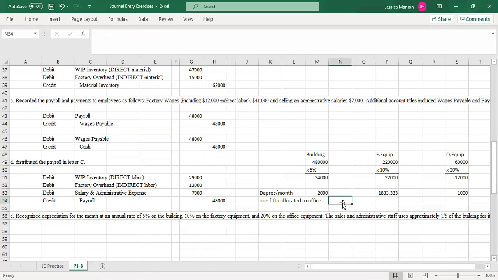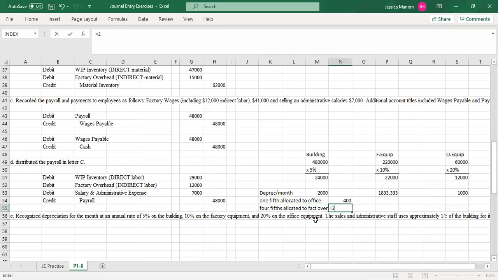If we take our 2,000, equals 2,000 times 0.2, 1/5 of the building, 20% of the building. 4/5 allocated to factory overhead.